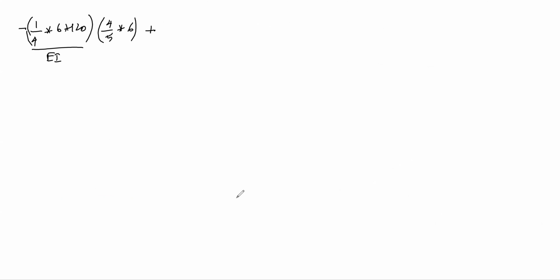So this will be plus half into base into height divided by EI multiplied by centroidal distance, which is 2/3 of 6. This will be equal to the total settlement, and there is no settlement of supports mentioned in the question, so the total settlement can be taken as 0.